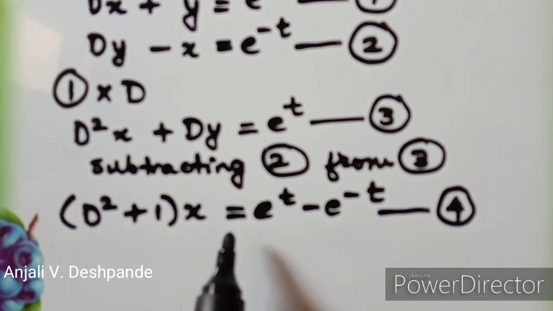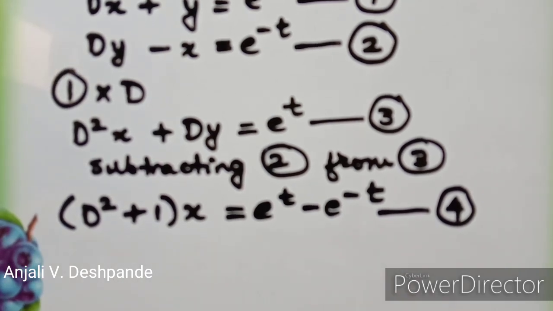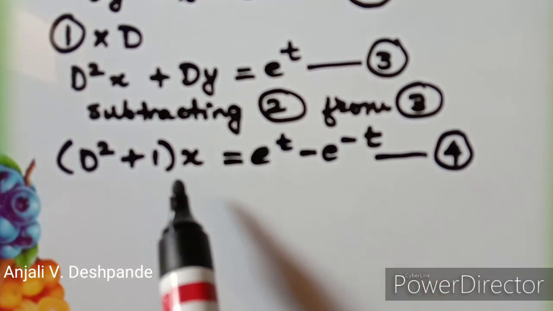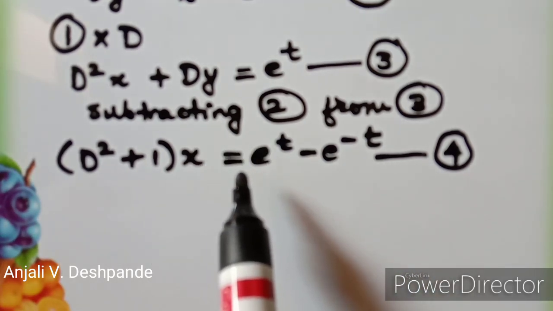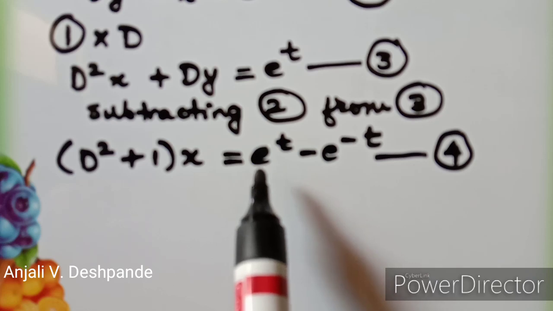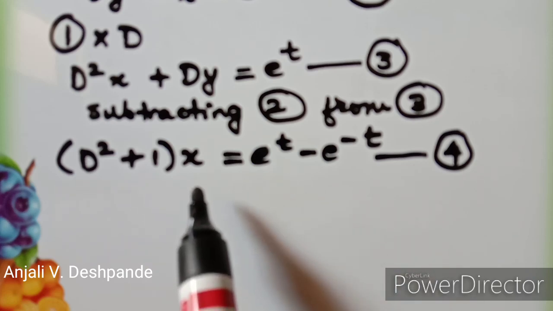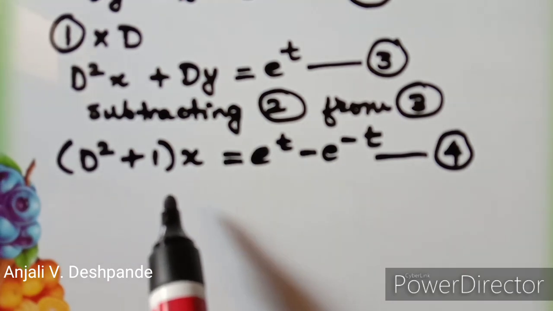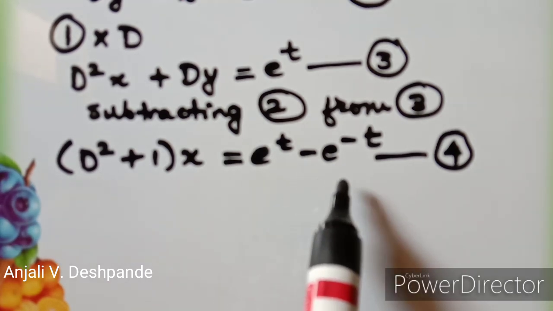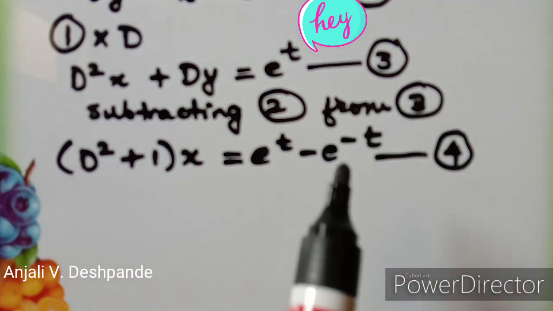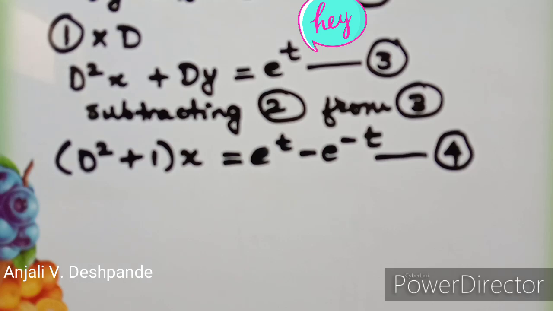So this is a linear differential equation with constant coefficients, as by now you must have already identified. So it has to be solved by the usual method, which is of course to find the CF and the PI, and that will give you the solution of the differential equation, right? So first of all we are finding the CF. So how to find the CF? For that the link is being given to you over here, so you can just refer to that link and see how to find the CF.